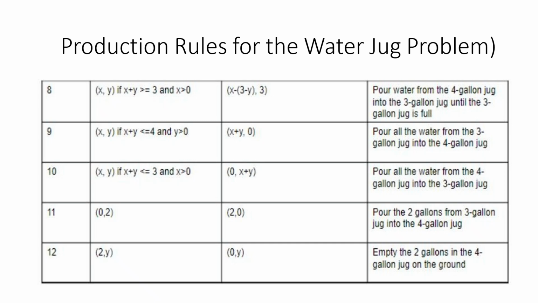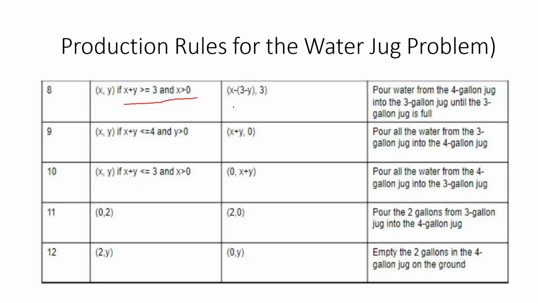Next we can see the eighth rule. Here we pour water from the 4 gallon jug into the 3 gallon jug until it is full. The condition is x plus y is greater than or equal to 3 and x is greater than 0. Here we fill jug B with water from jug A until jug B is full.